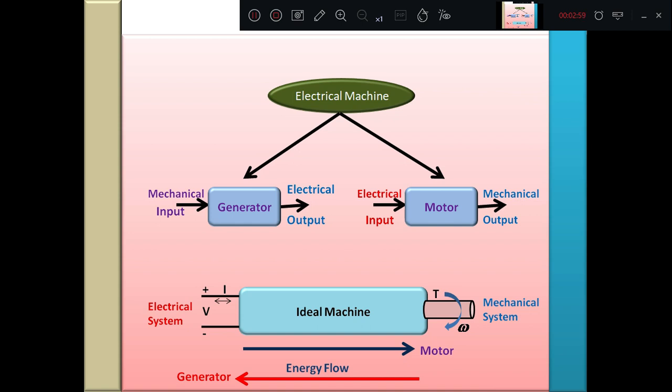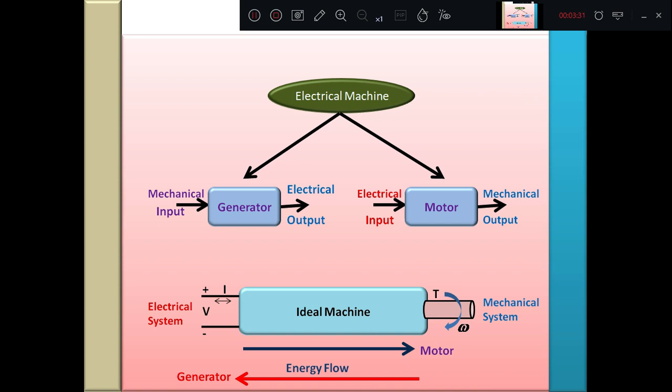In the case of the generator, the mechanical input is in the form of hydro, thermal, nuclear, which are all conventional energies available. Non-conventional energy such as wind, solar and biogas is also used to convert mechanical energy into electrical energy through a machine called a generator.